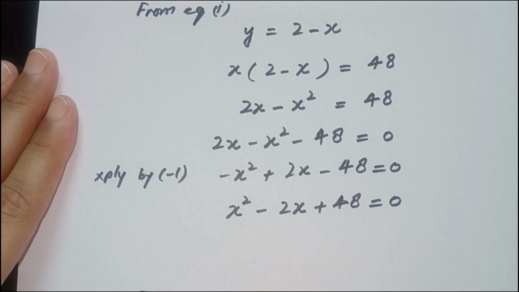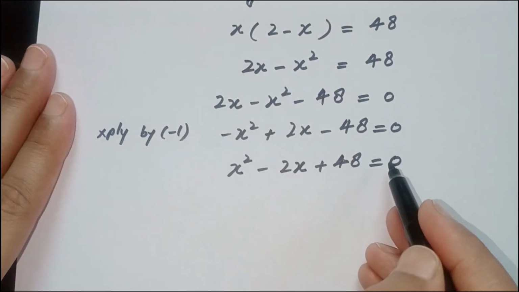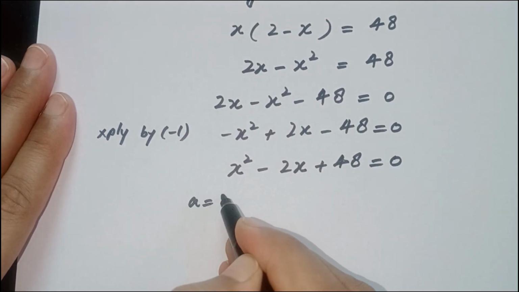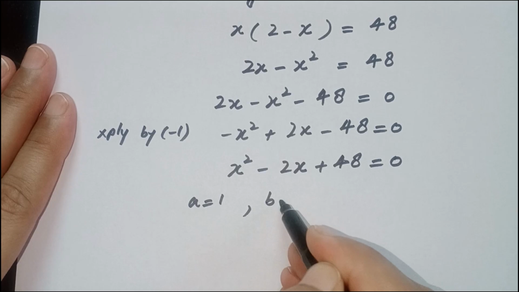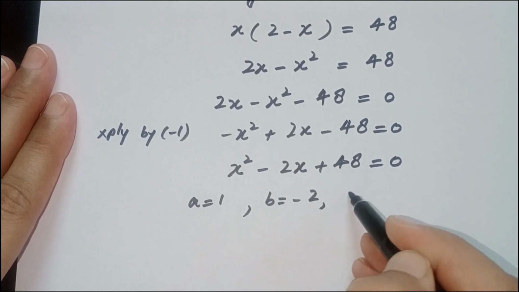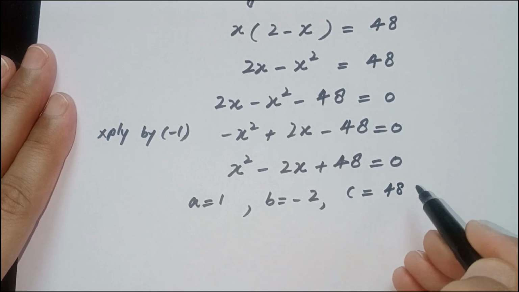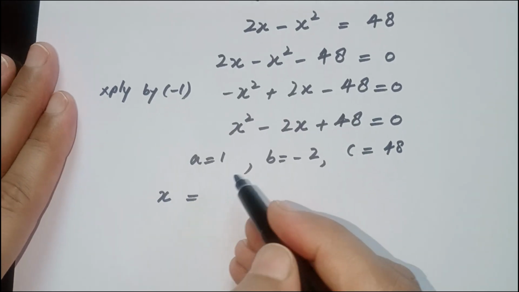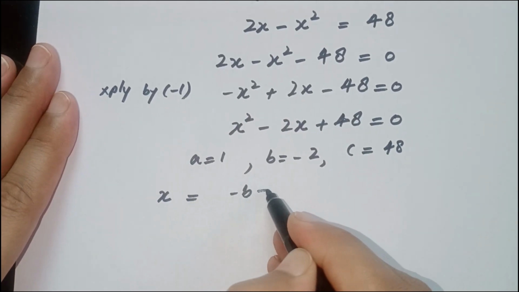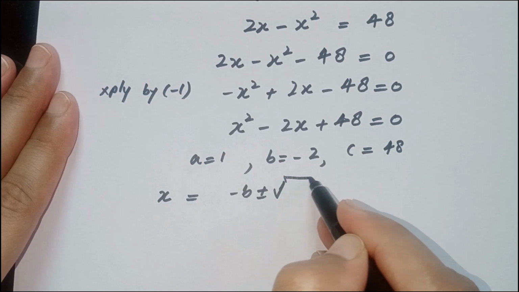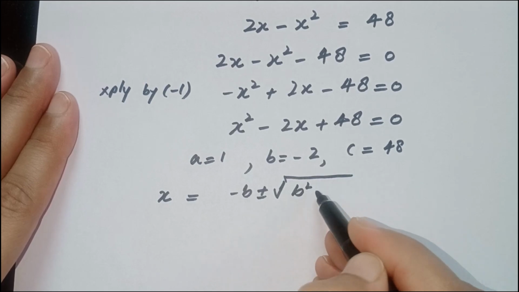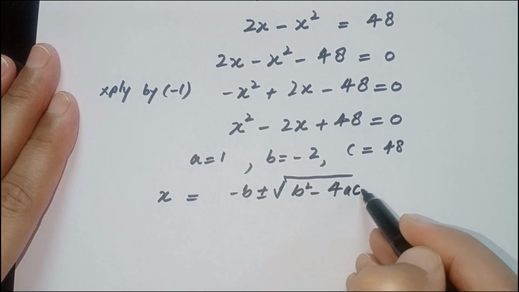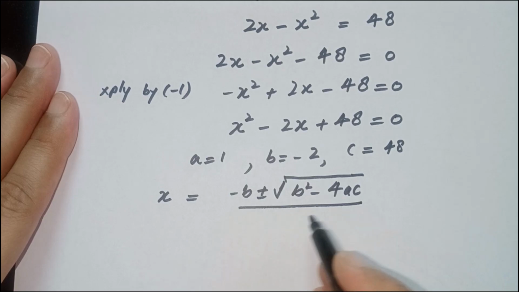Now it is a quadratic equation where a is equal to 1, b is equal to minus 2 and c is equal to 48. So the quadratic formula is x is equal to minus b plus or minus square root b square minus 4ac over 2a.